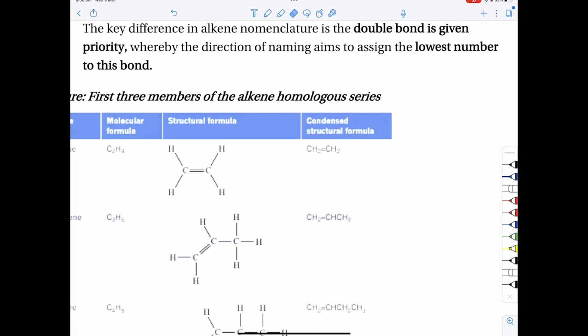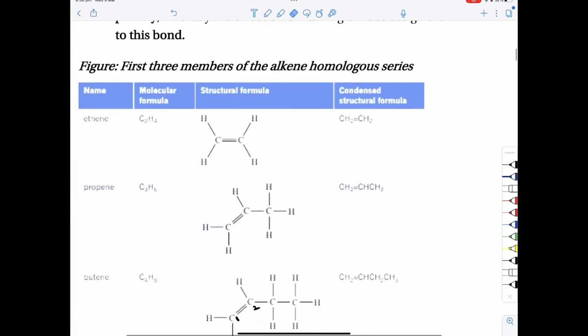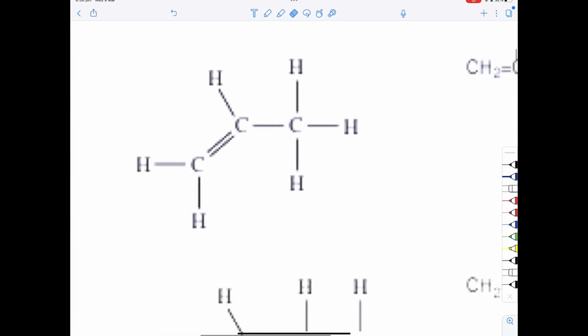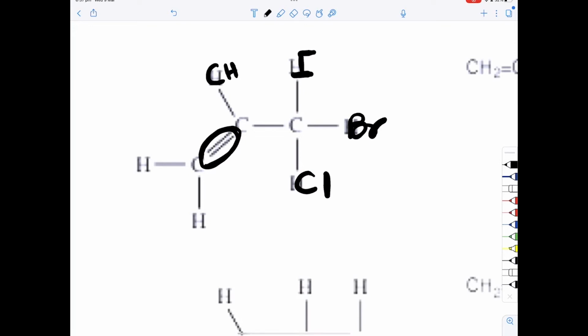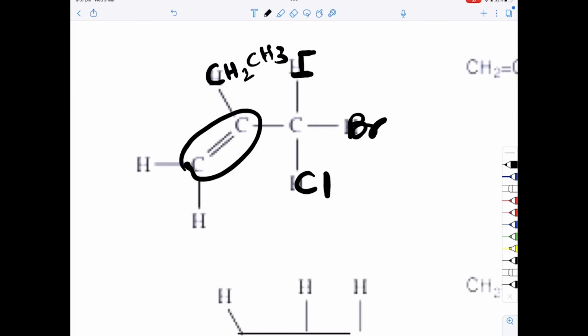Naming an alkene is actually much easier because when it comes to numbering and going left to right or right to left, you are always going to go the direction that gives this double bond the lowest number. So I don't care if there's a chlorine or a bromine or an iodine here or an ethyl group here, CH2CH3. I am going to go the direction that gives this double bond the smallest number.